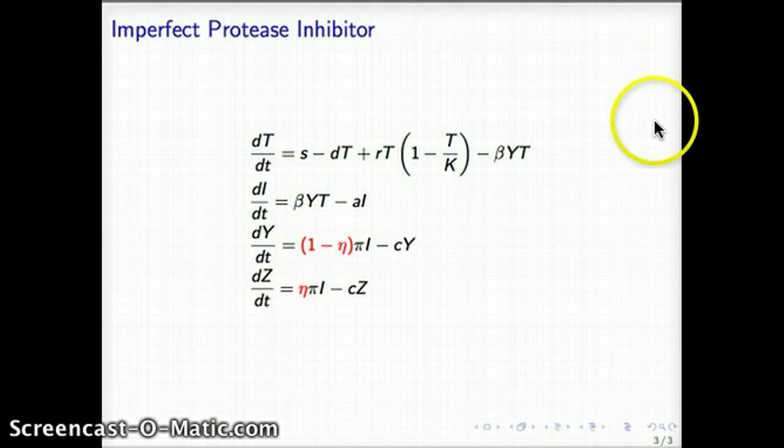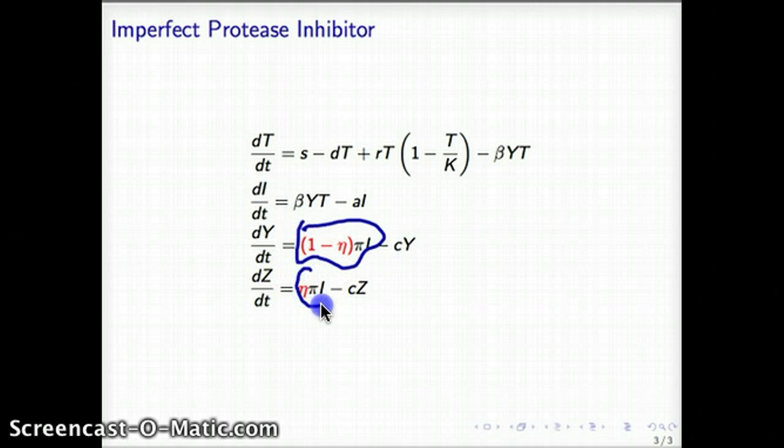And so we quickly, briefly remind you that the terms that are incorporated here in the mathematical model for the inhibition of protease are terms that have to do with the production of both Y, which denotes infectious virions, and the production of Z, which denotes non-infectious virions.